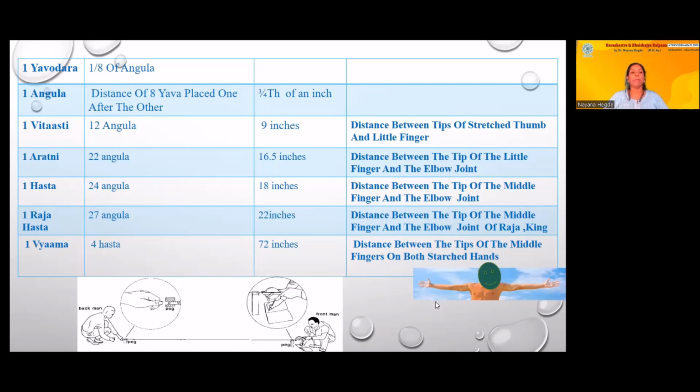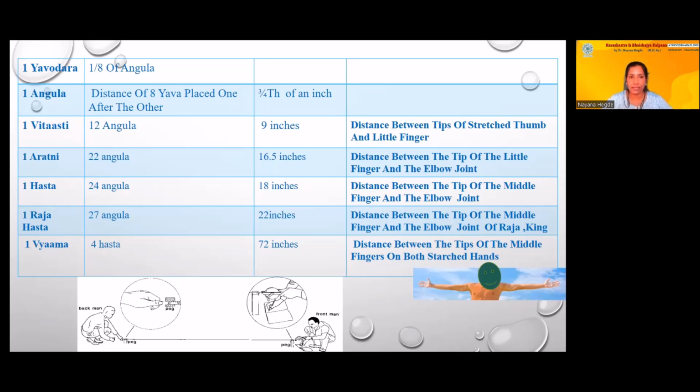So here in the Payamana, what we have studied: what is Angula, how much is Angula? Angula is 3/4 of an inch. Then one Vitasti, that is 9 inches, the distance between the tips of the stretched little finger and thumb. One Aratni, the distance between the tip of the little finger to the elbow joint, 22 angula, 16.5 inches.